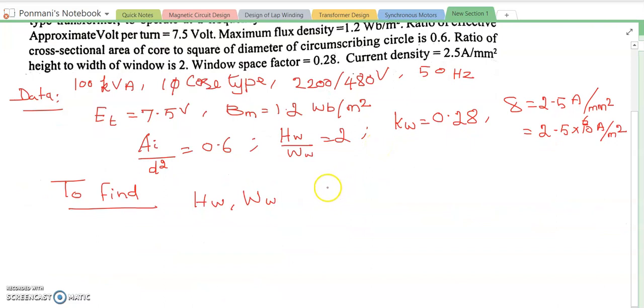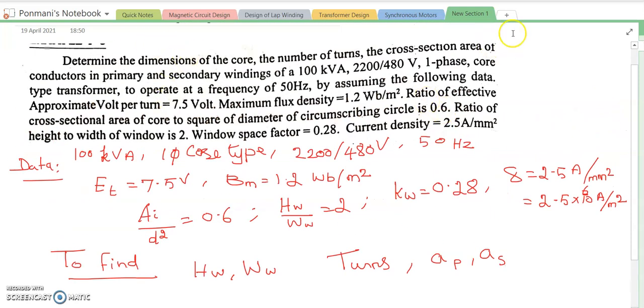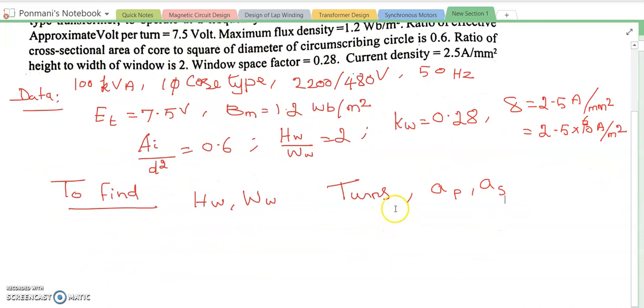So cross-sectional area of conductors in primary and secondary winding, and number of turns we have to calculate. Number of turns means at both sides, at primary side and the secondary side, or low voltage side and high voltage side. That is number of turns at low voltage side and number of turns at high voltage side we have to calculate.